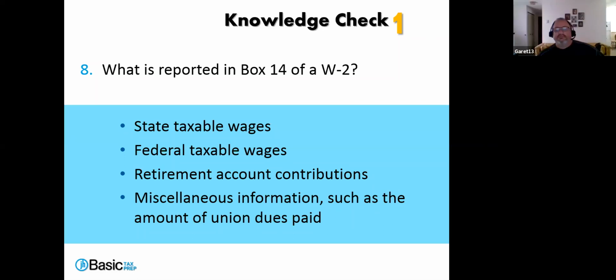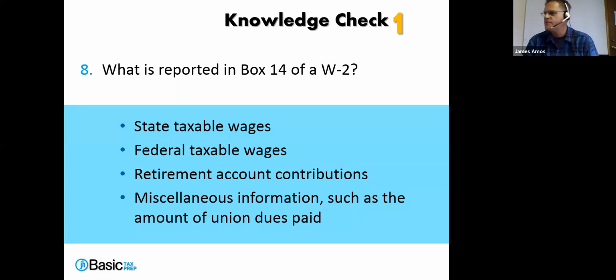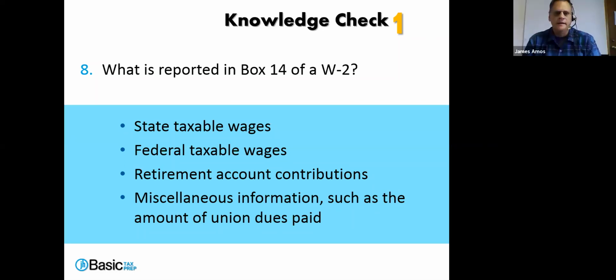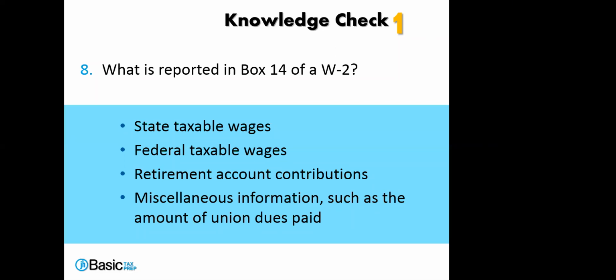Lisa, I see your note about you can't unmute, but you could type in your answers if you want, so that's fine. 17. Yeah. And then federal taxable wages are reported in Box 2.